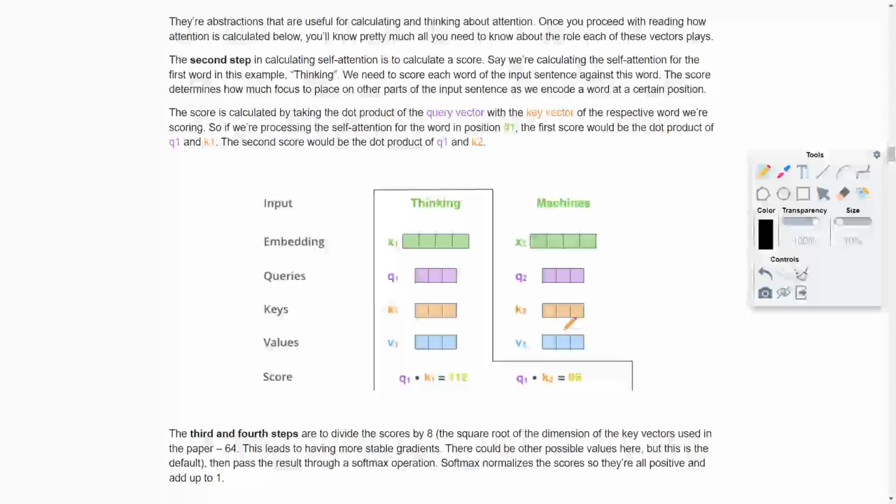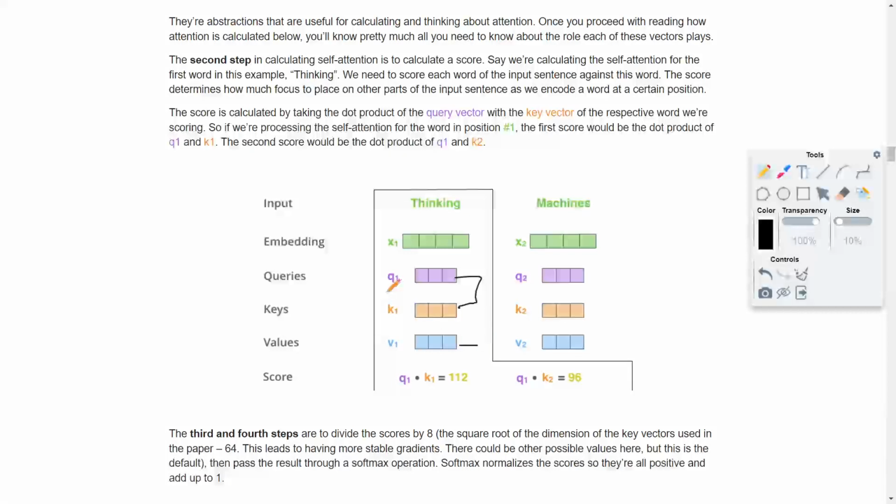Now, after they did the mapping, you can understand this through two independent calculations. From the embeddings you are getting queries, keys, and values. Consider the queries and keys as one pair and the values as the second pair.